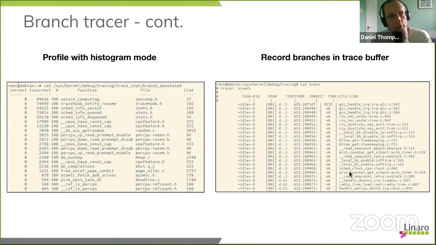This is more useful when attached to a profiling system that can crunch the stats for us, which we can do, but we're not going to cover this week. But it's an extra feature that's inside the tracing machinery. So the branch tracer is there to track correctly or incorrectly predicted branches.